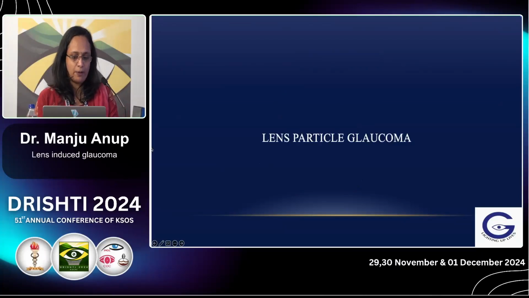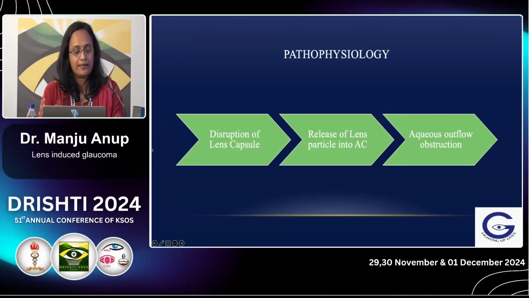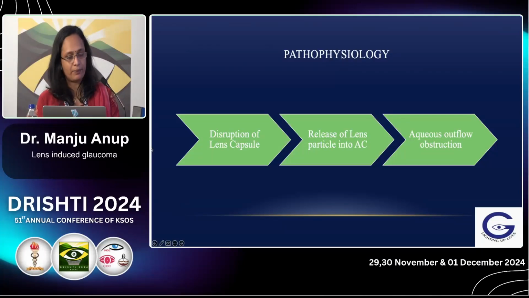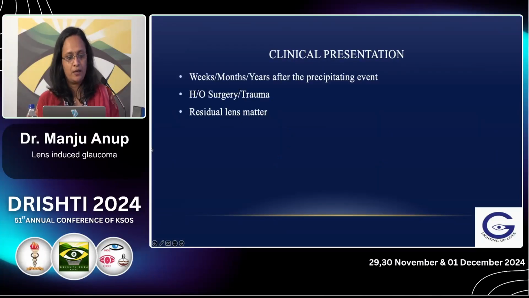Coming to lens particle glaucoma, here there will be a disruption of the lens capsule. It may occur after a cataract surgery or penetrating lens injury, and this will lead to release of lens particles into the anterior chamber. This lens material is toxic, and the exposed lens material will cause inflammation and can lead to aqueous outflow obstruction.